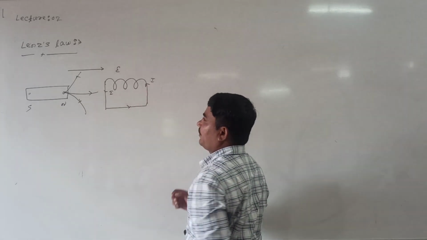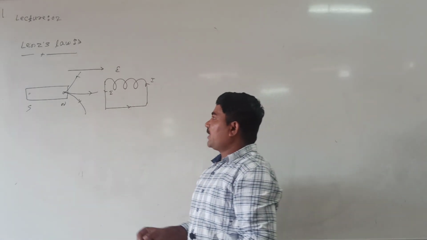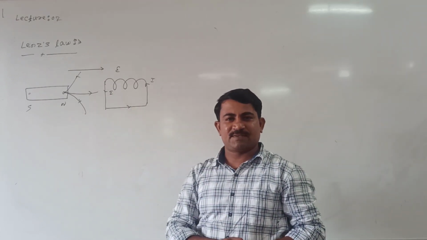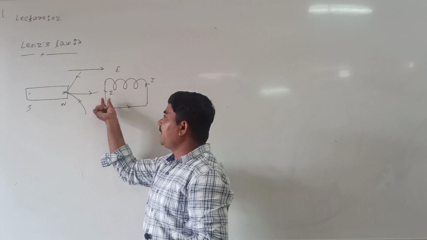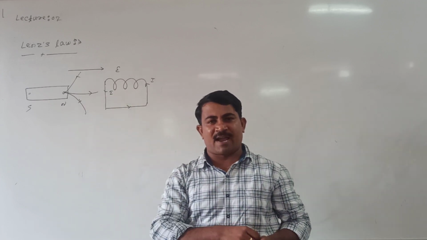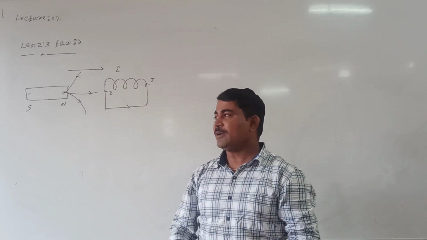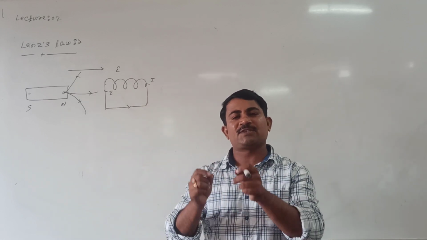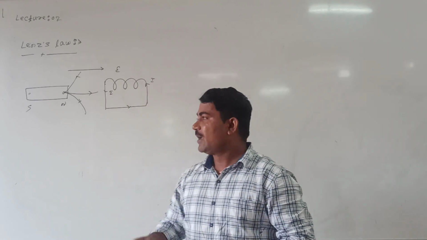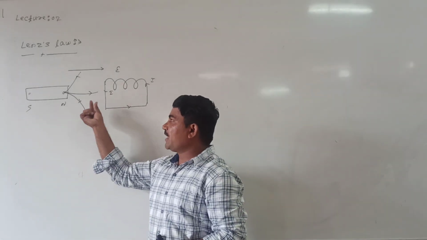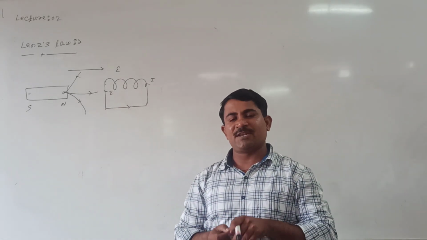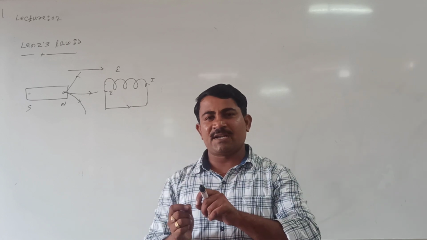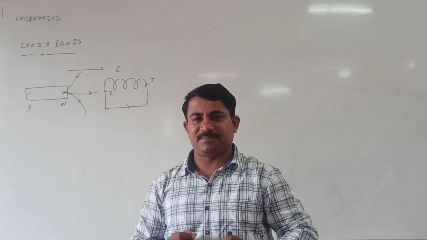Whatever current is induced due to this change in magnetic flux, the induced current opposes the change in magnetic flux. The induced current either decreases or increases the magnetic flux. How it decreases, how it increases, that we will see.